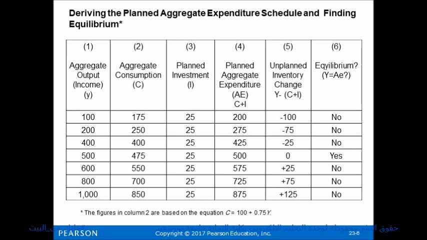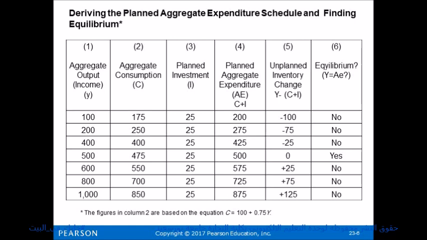Here we will see how we can calculate the value of planned aggregate expenditure, or AE, given by the sum of consumption and investment, or simply C plus I. So for example, at an income level of 100, we add the value of consumption, which is 175, and the value of investment, which is 25.